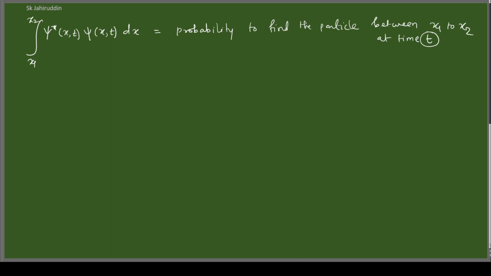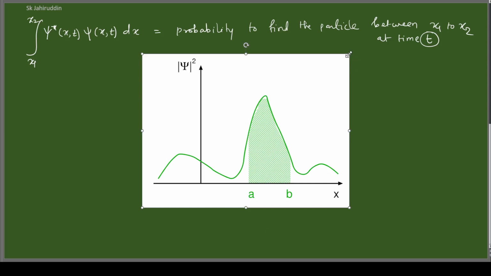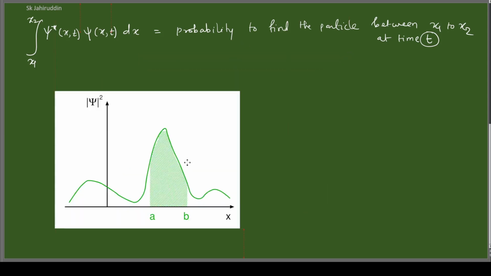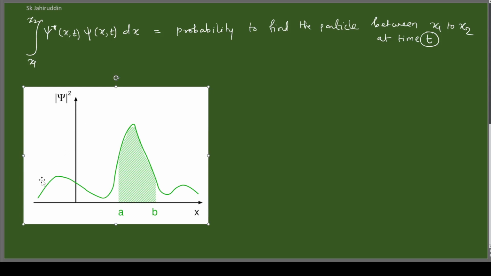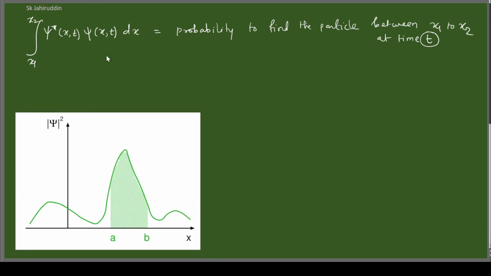So if you have a picture, it would be like this. If you have a psi, you take its mod square, so psi star psi is actually mod psi squared.